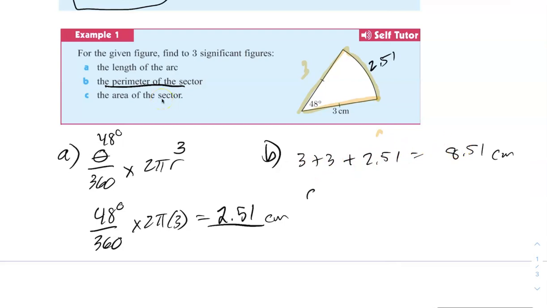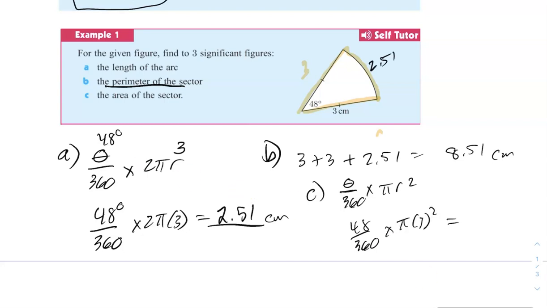Area of a sector. It's much like doing the perimeter. It's the part of the circle you want. So theta over 360 times the area of a circle, pi r squared. So I get 48 over 360 times pi times 3 squared.